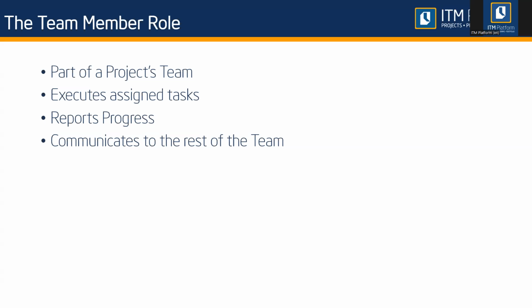The execution of the task is outside ITM Platform. Maybe you need to create a document. Maybe you need to create code. Maybe you need to draw a picture or a schematic, or maybe you need to command a provider to do something. That is really up to the project itself. But inside the system, it is important that the team member reports on progress for that task.